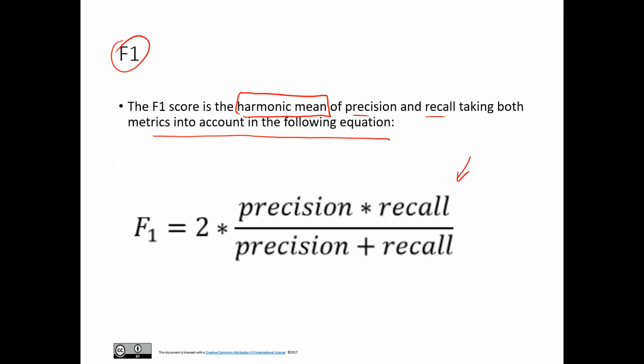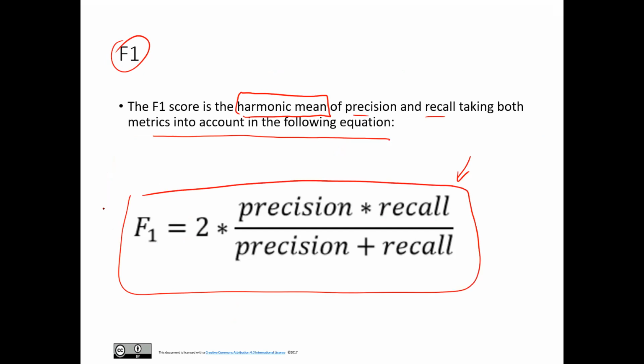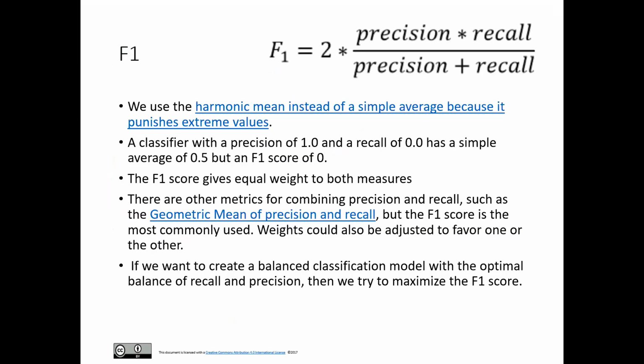It's clear and obvious from that formula that the F1 measure is taking both into consideration. So you might be asking yourself why. Intuitively, we don't have to get into all the details, but with the F1 measure, we use the harmonic mean instead of a simple average.